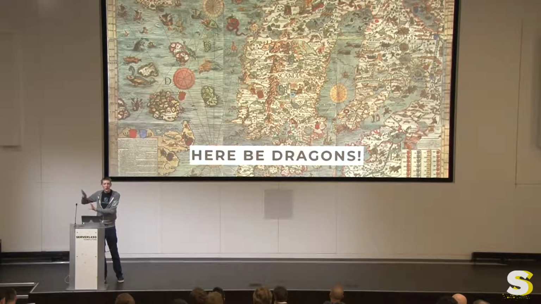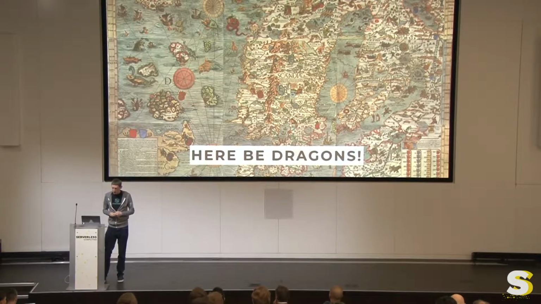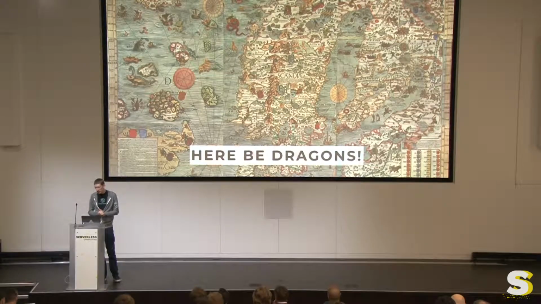We don't know what's over there. You might just fall off the earth even. Unfortunately, in this case, some of the documentation and examples don't really even touch on that. But trust me, there are a lot of dragons here and there when you're mixing serverless and non-serverless technologies.